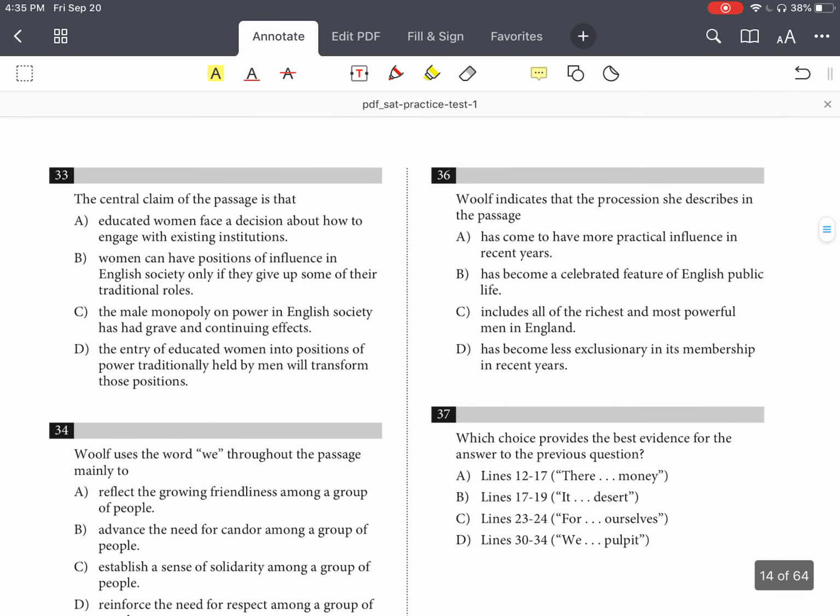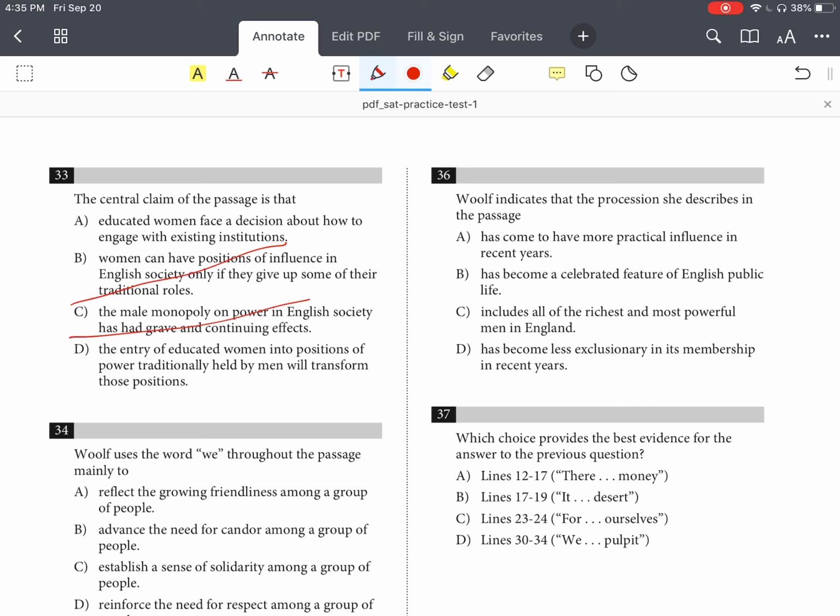33. The central claim of the passage is that. So again, a fair number of plausible answers. However, two of them are less plausible than the others. So B and C are just not correct, and students should walk through the answers to figure out which ones are obviously not correct so that they can focus on the two that are close to being correct.